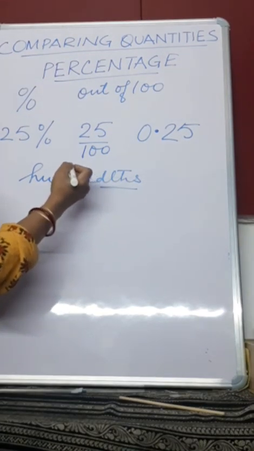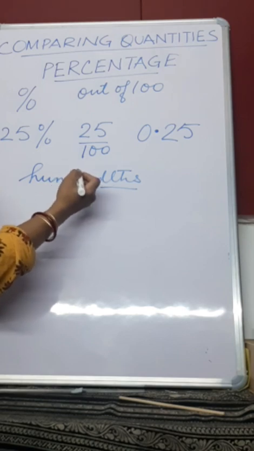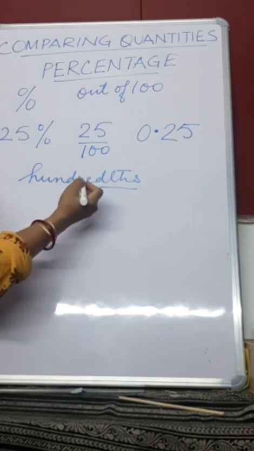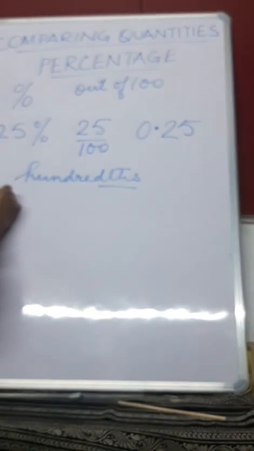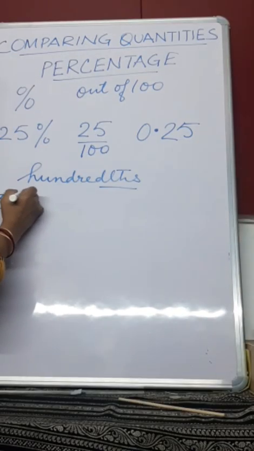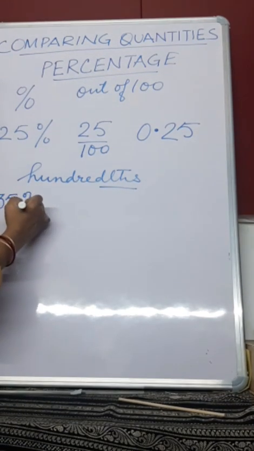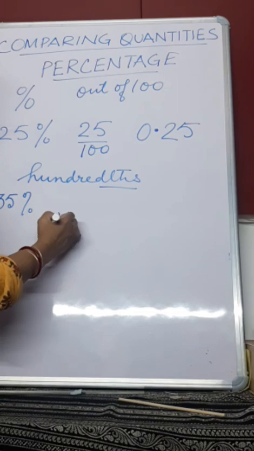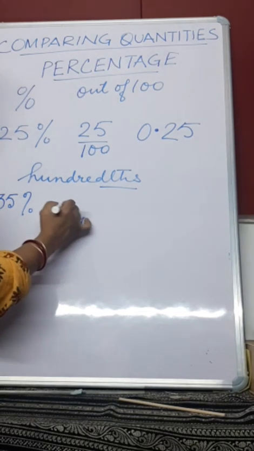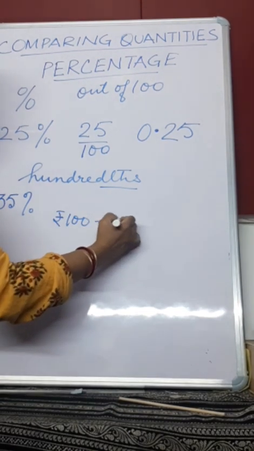Say we got a discount on a dress by a certain percent. That means that many hundreds. I got a discount of 35% on a dress. That means in every 100 rupees, I got 35 less.